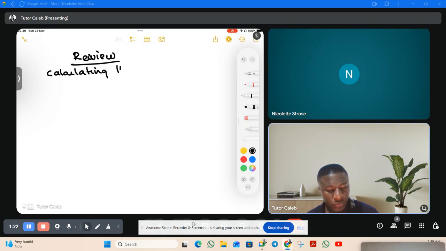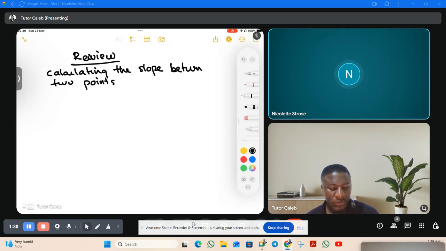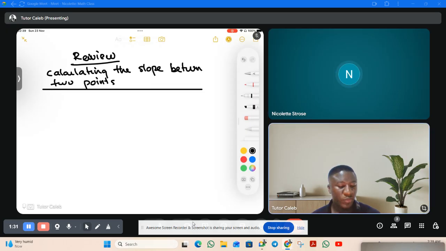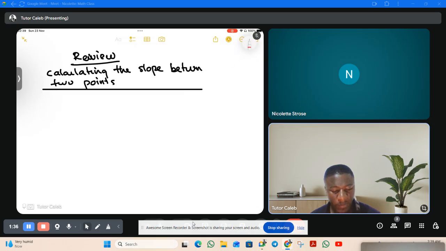We said that the formula to calculate the slope m between 2 points is given by y2 minus y1 divided by x2 minus x1.